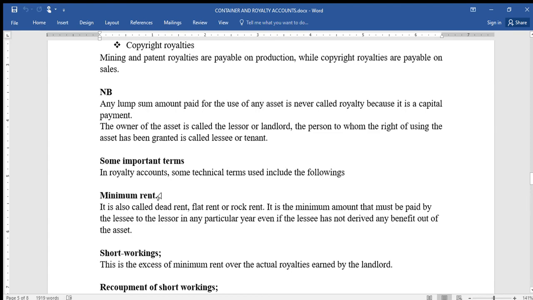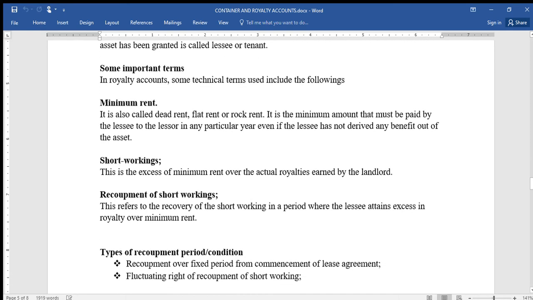So let's look at some important terms in royalty accounts. The main three. The first one is minimum rent. Minimum rent is also called dead rent, flat rent, or rock rent. It's the minimum amount that must be paid by the lessee, the tenant, to the leaser, the landlord, in any particular year, even if the lessee has not derived any benefit out of the asset.